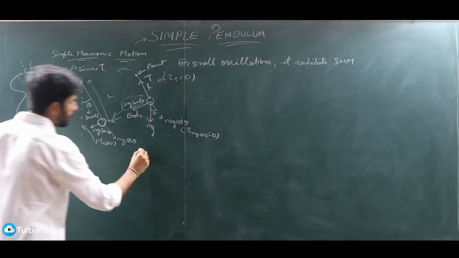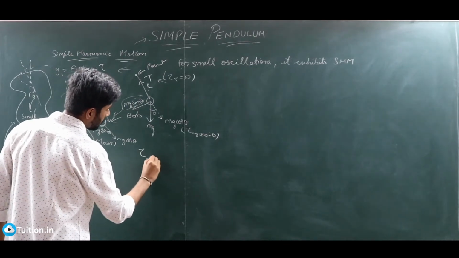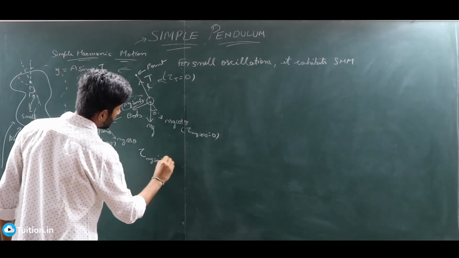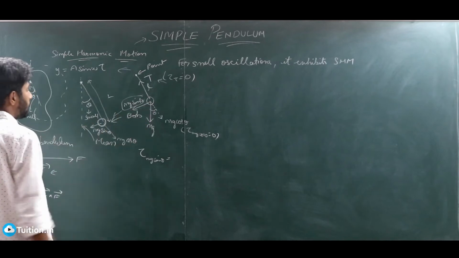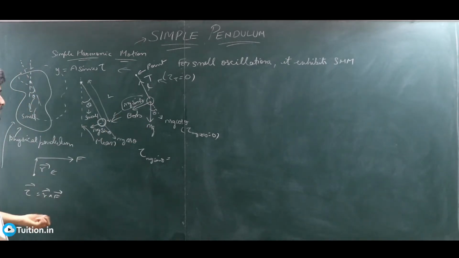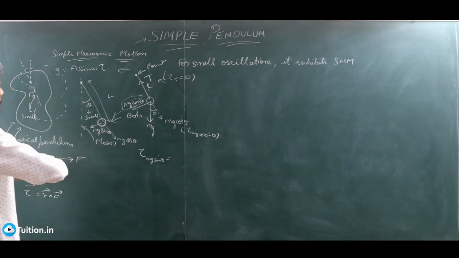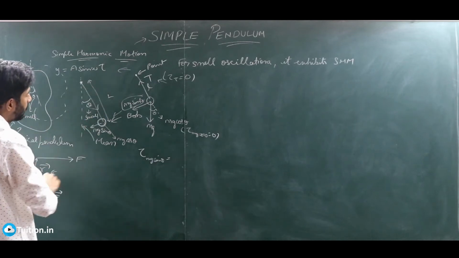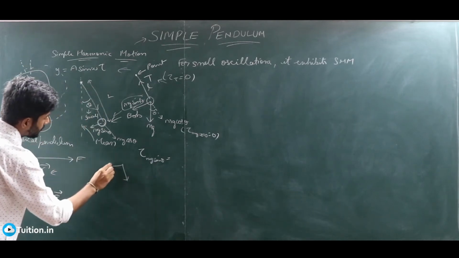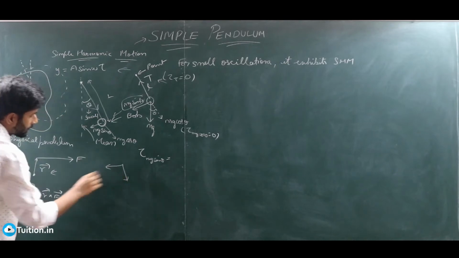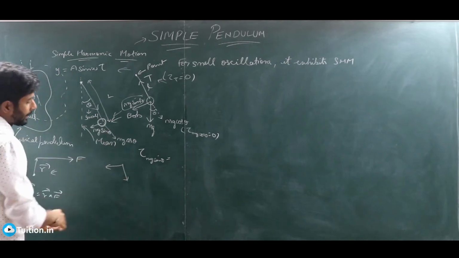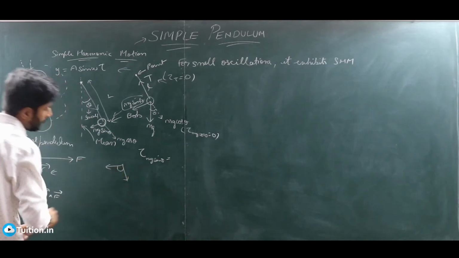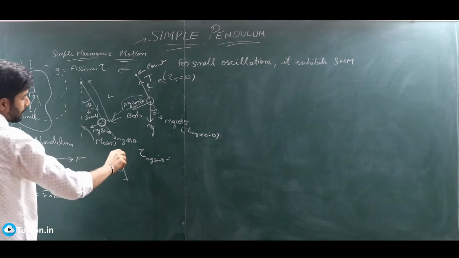So straight away torque due to mg sin theta is nothing but force into perpendicular distance. In fact, r cross F, if you want, you can get the direction as well. Throw the displacement vector here. This is your displacement vector. This is mg sin theta. R cross F, put a screw, rotate from r to F through the smaller angle, and then you'll see that the screw goes in, right?